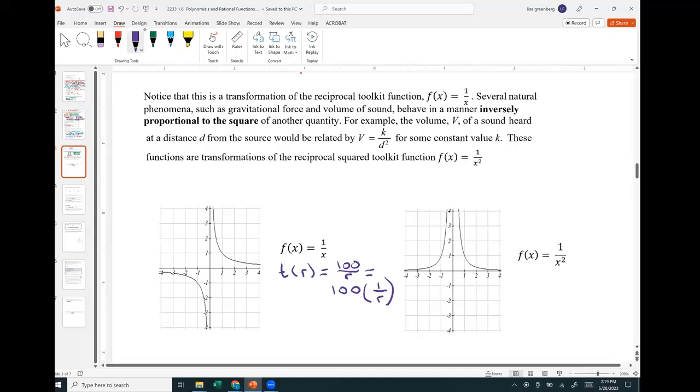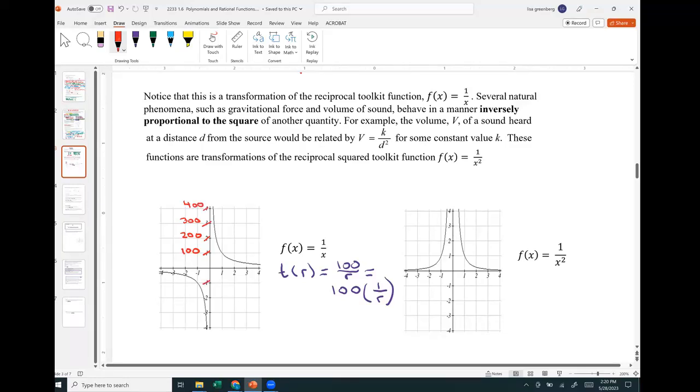So we can see that there's a vertical transformation of multiplying all the y values by 100. So if I were to take this graph that I see right here, without doing a lot of work, I can change this to 100, this to 200, this to 300, this to 400, and the graph would look now exactly the same.